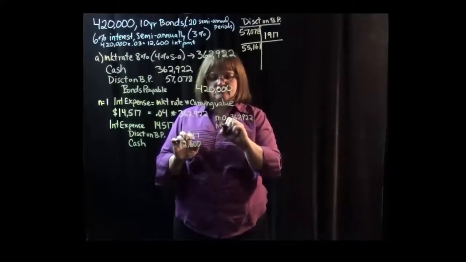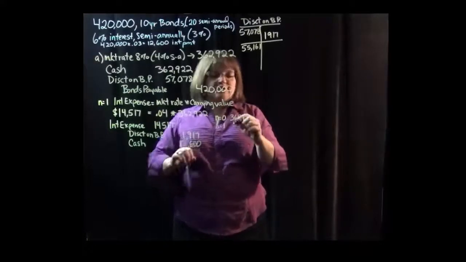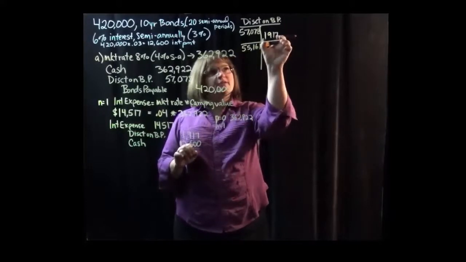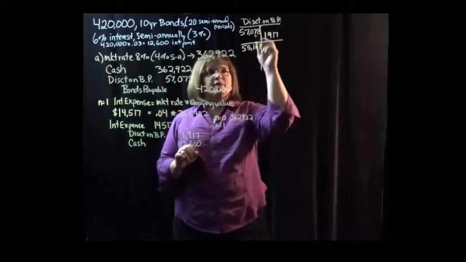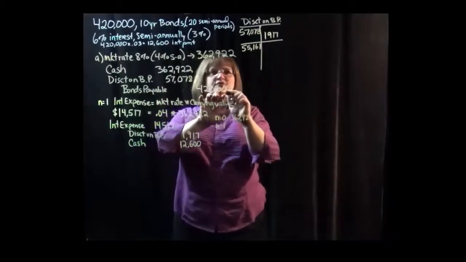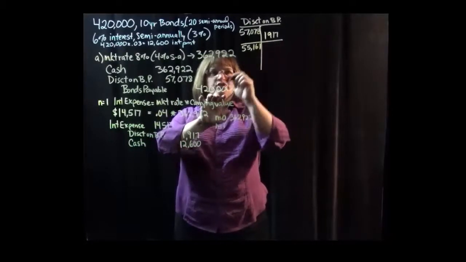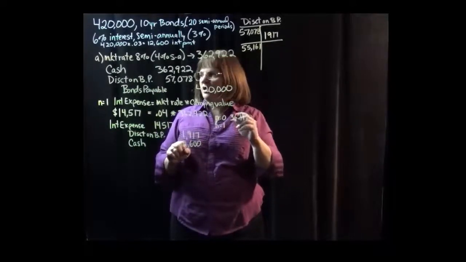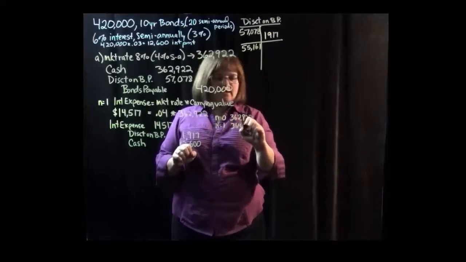After the first interest payment period was done, our carrying value increases toward the face value, and it's going to increase by the amount by which we amortize that discount, because the carrying value, remember, is the face value of the bond, which is the $420,000, minus the balance of our discount. And so $420,000 minus $55,161 is going to give us $364,839.